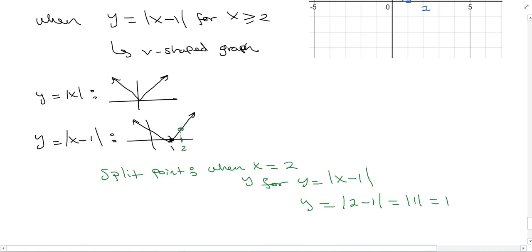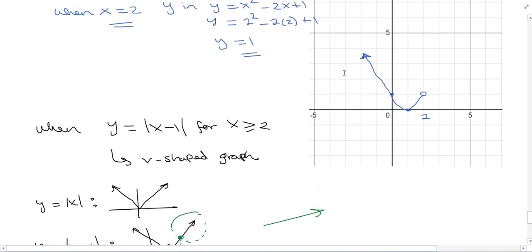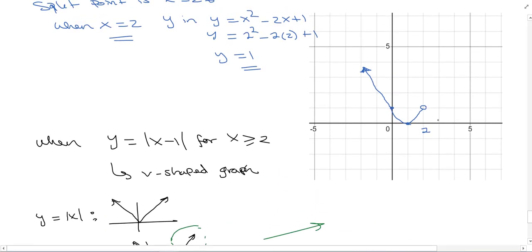So you'll go to 2, 1, and that will be included. So we essentially want this part to be graphed up there. And so we're going to have our absolute value. Imagine if you were drawing a V, it would be a very straight line, not curved like this parabola, and then it will continue here.